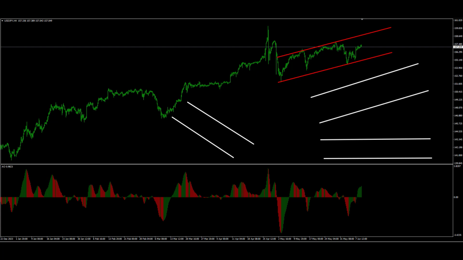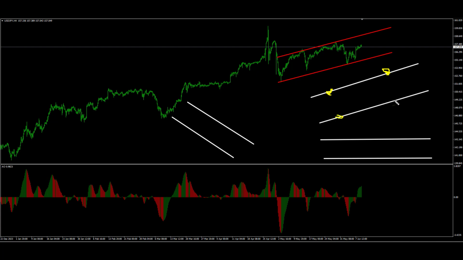Now what we need is simply 4 points, 2 points on each side. Let me clarify it to you. We need 2 points here at this level, and 2 points at this level.